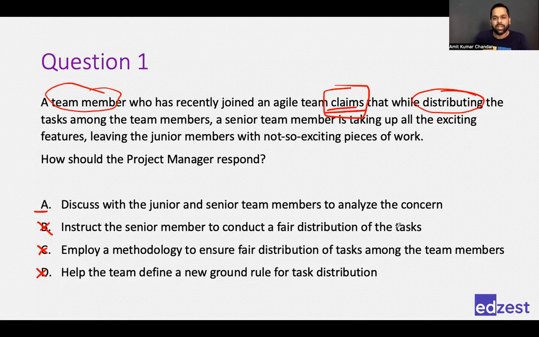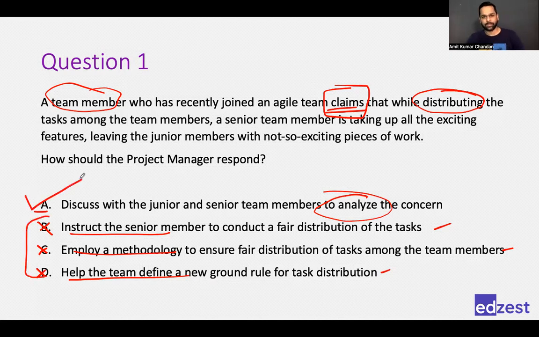Then we will take these decisions, whatever would be proper. So these are the decisions that you will take. You would either need to instruct the member or employ a methodology or help the team define. You could take any of these three decisions, but only if after your analysis, you come to know that these actions are required. Okay, that's why A is the best choice.